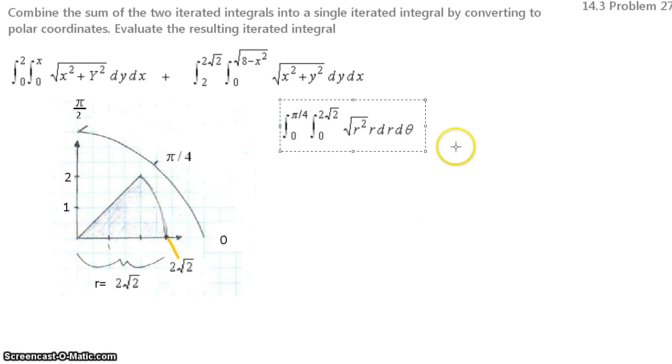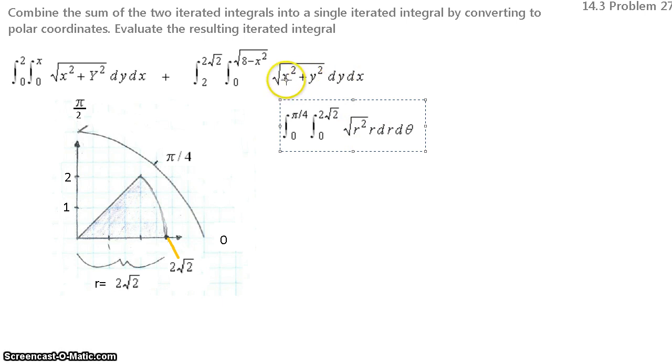And then our boundaries for d theta are going to be 0 through pi over 4. And then the actual function that we're integrating is going to be root r squared times r, which we're going to simplify in a second, but it's easier in this form to see exactly where we're getting that.